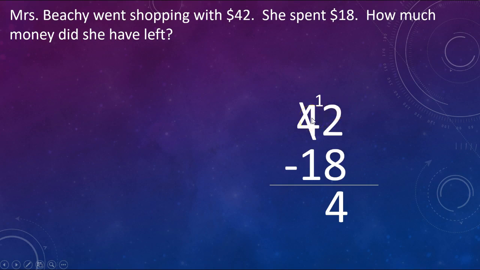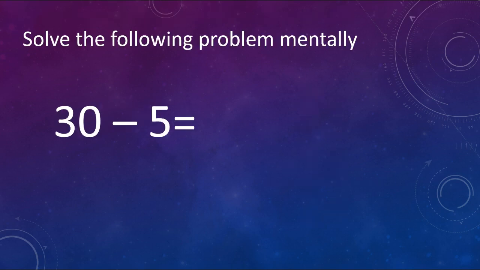So the 4 gave one of its 10s to the 2 to make it a 12, and the 4 turns into a 3. So 12 minus 8 is 4, and 3 minus 1 is 2. So our answer is she has $24 left.